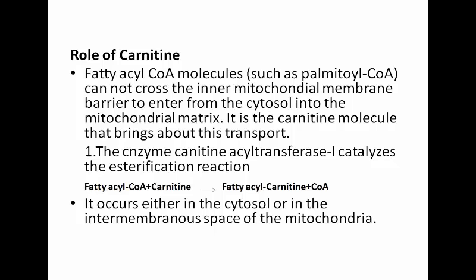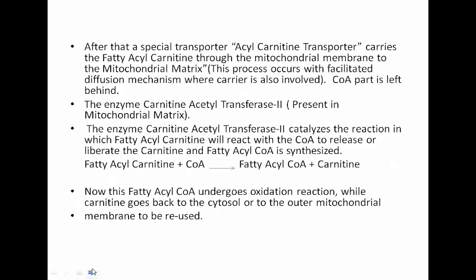So the first enzyme, that is carnitine acyl transferase 1, will make the complex of fatty acyl carnitine. Now this fatty acyl carnitine will be transported by acyl carnitine transporter, which carries the fatty acyl carnitine through the mitochondrial membrane to the mitochondrial matrix.